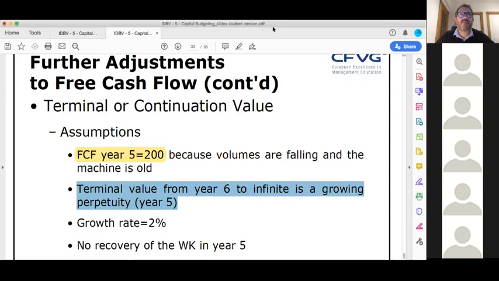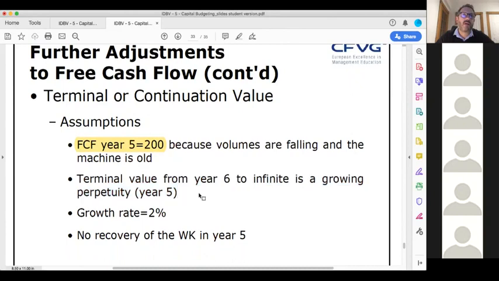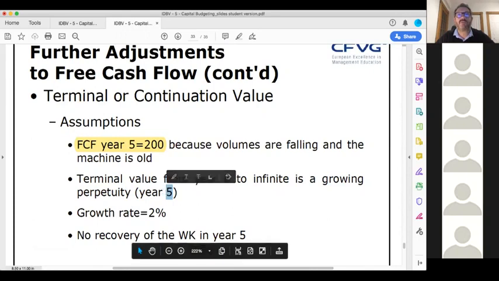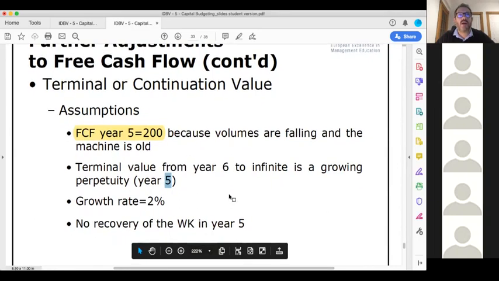Okay, so sorry, there is a little mistake here. The free cash flow year 5 is 200, but the terminal value from year 5 to infinity is a perpetuity that we calculate at the end of year 4. So you just change this.